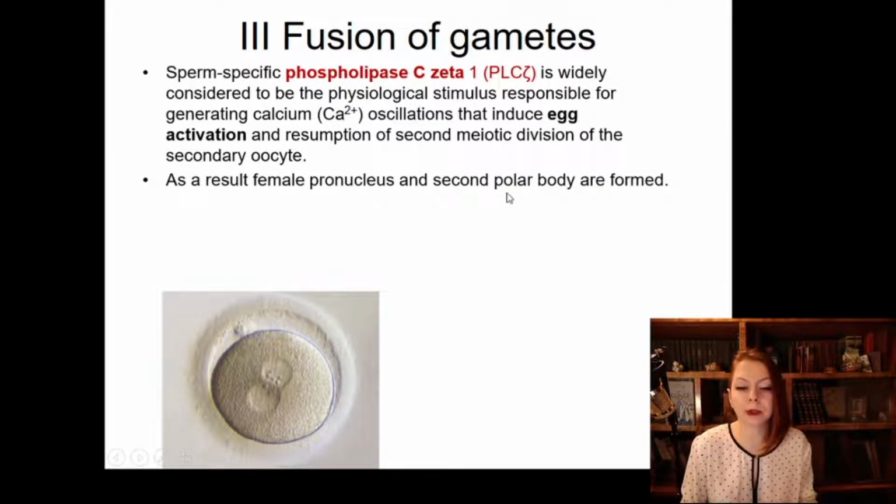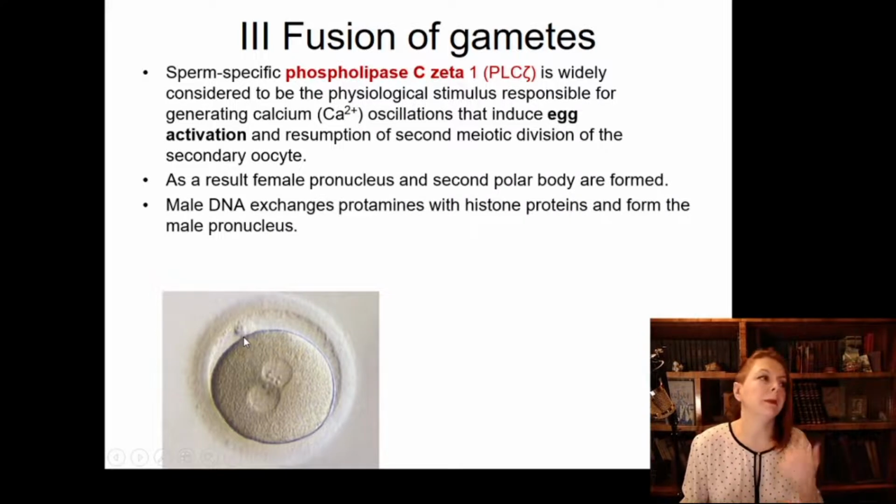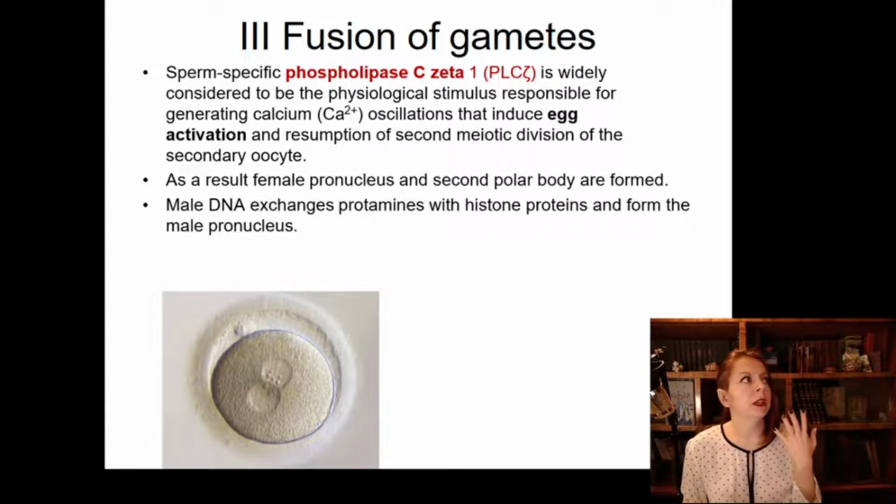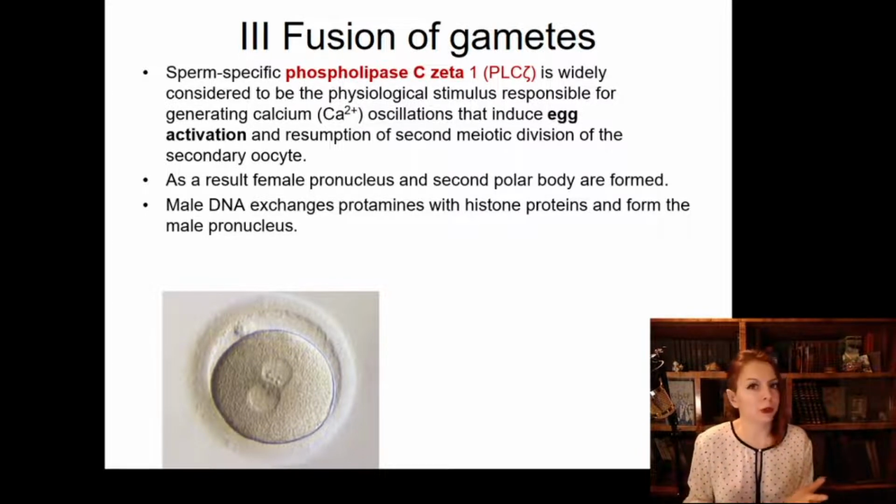So the female pronucleus is formed and the second polar body. Then the male DNA, as I told you, the male nucleus is hypercondensed and it doesn't use its own genetic information. Coming to the oocyte, it replaces all its proteins with histone proteins and forms conventional chromosomes.